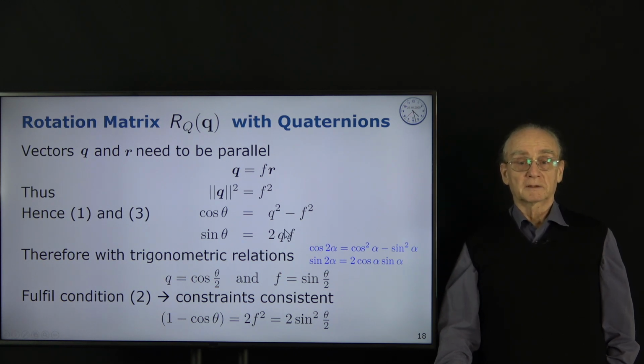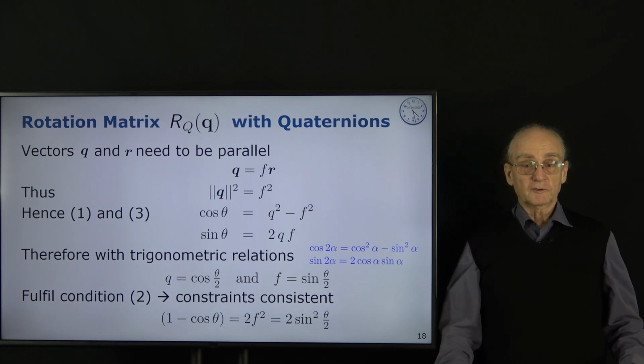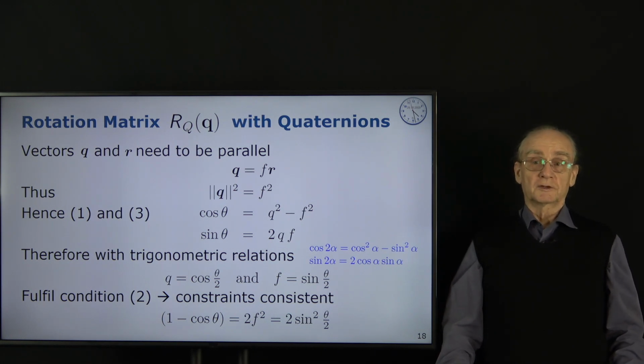So if we compare this, we see that the Q should be the cosine of theta half, and F should be sine of the half angle theta. So we have solved the Q and the F, and used only two of these three equations.